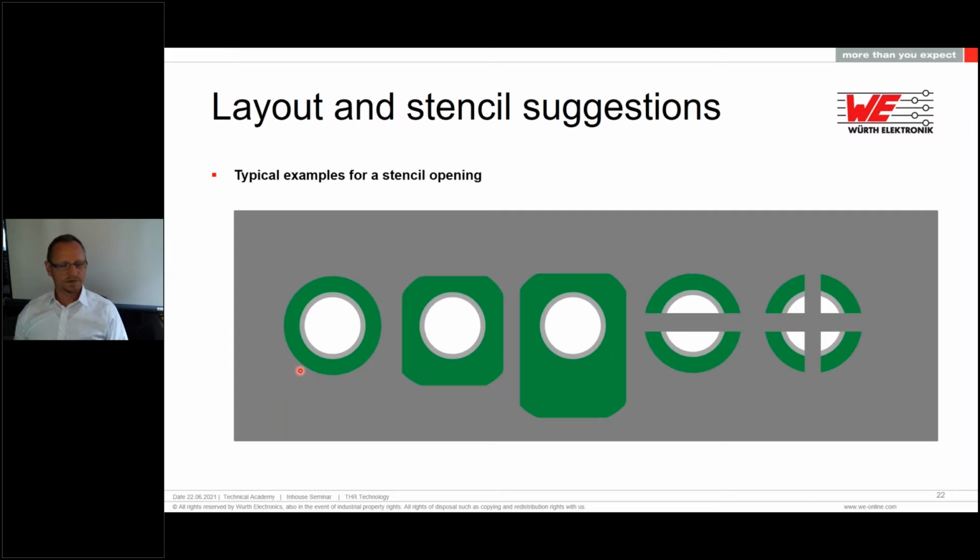So here in this picture, the stencil is marked in gray. The PCB underneath is green, and the solder pad, of course, is gray again, and white is the holes inside. So 1 and 2 are typically examples for the THR stencils.